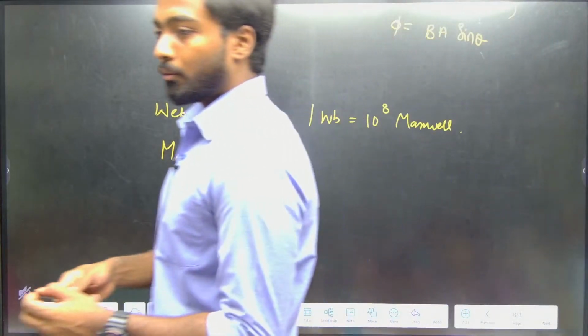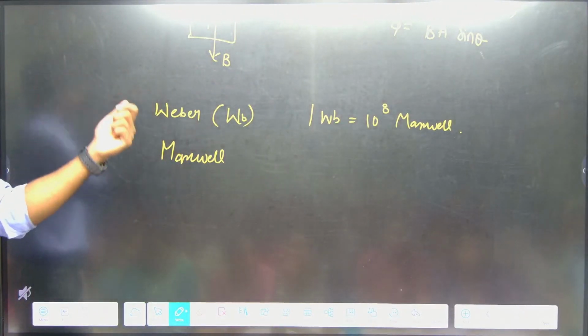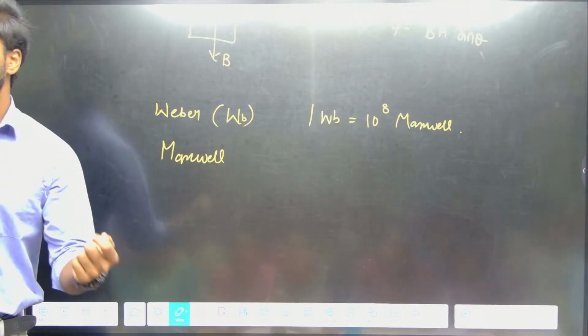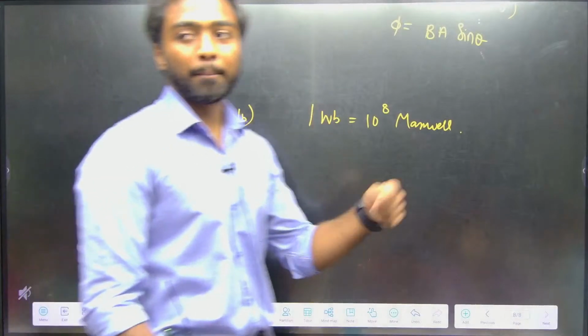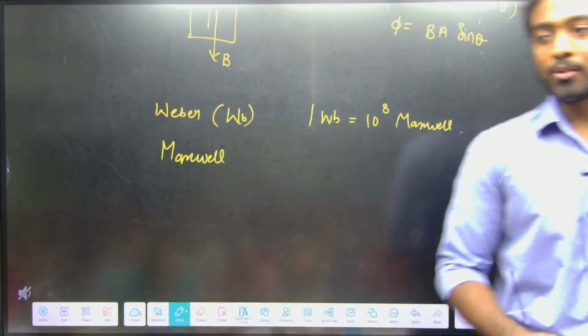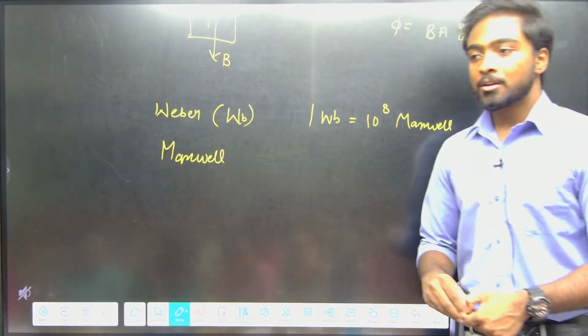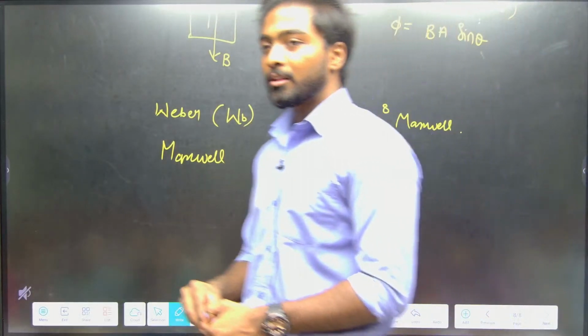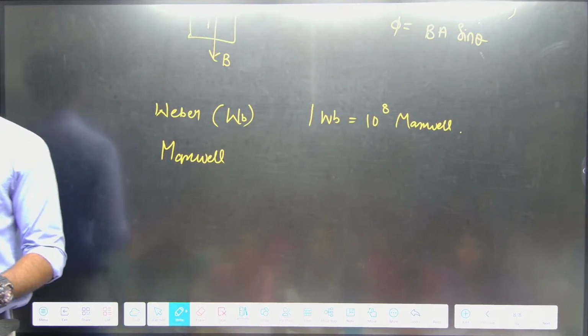Now we will talk about this. Initially I talked about the conductor which I placed in a magnetic field, and if I try to move it left or right or top or bottom, the current that is produced is called induced current. This is the experiment done by Faraday, and by this he got the induced current.